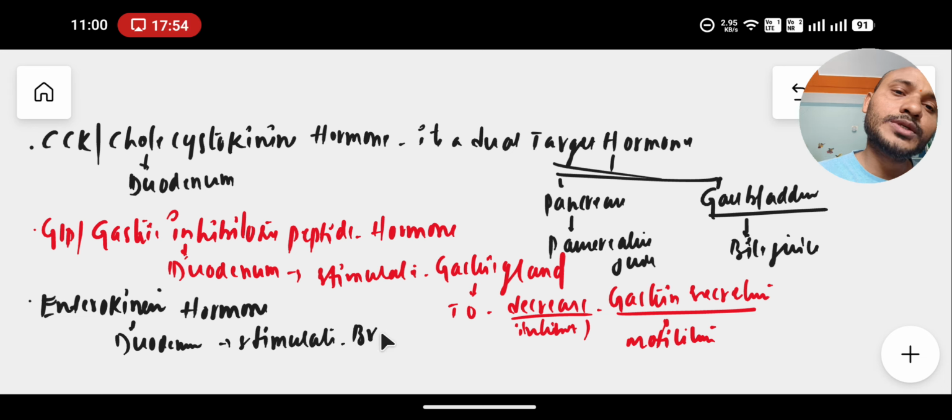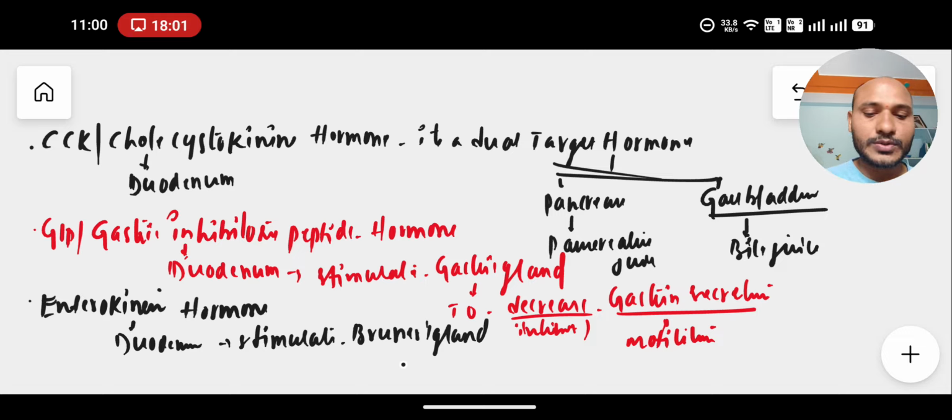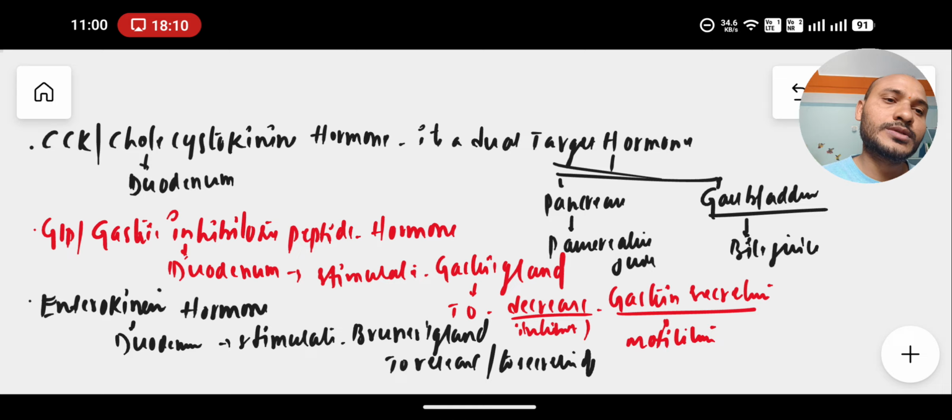Very important. The Brunner's gland is a part of the intestinal gland, and it secretes water and bicarbonate ion.